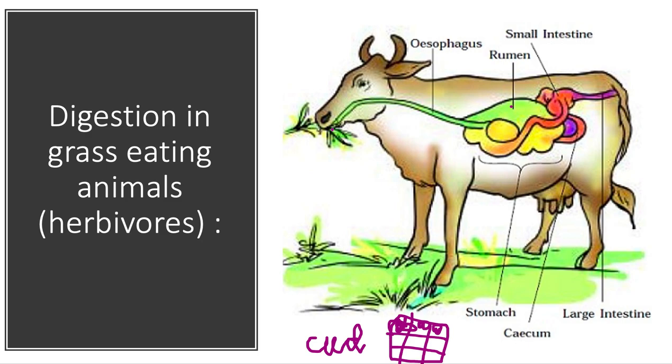The animal continues to chew it. So basically it eats the food, swallows it, and the food comes back to its mouth and it still chews it. This process is called rumination.